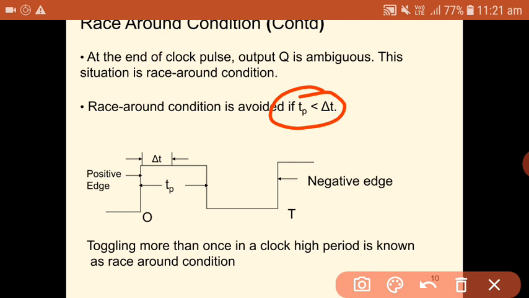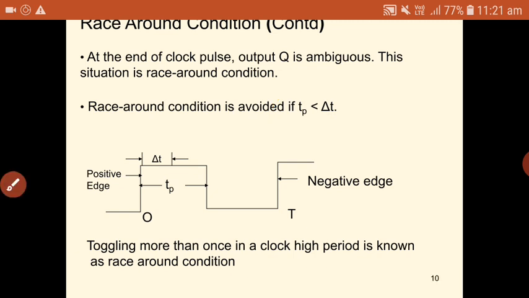In order to avoid this, you need to choose TP less than the propagation delay of the flip-flop, where TP is the duration for which the clock signal is high. This is how you can avoid the race around condition.